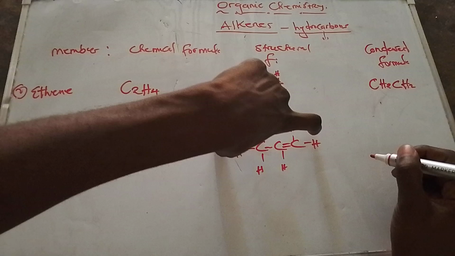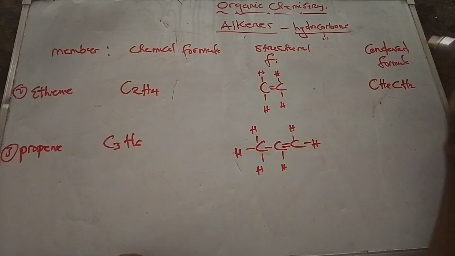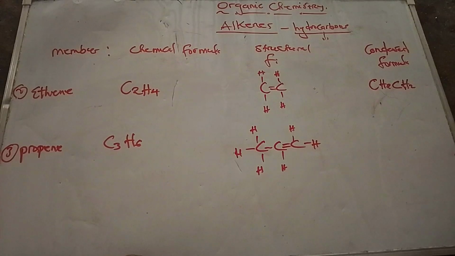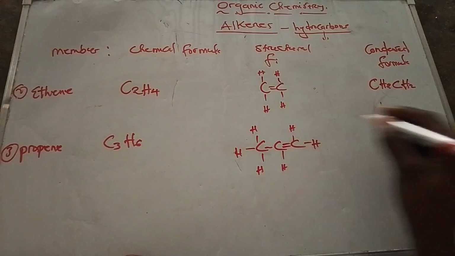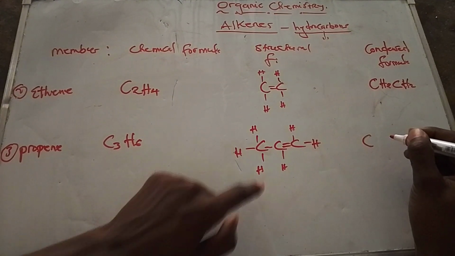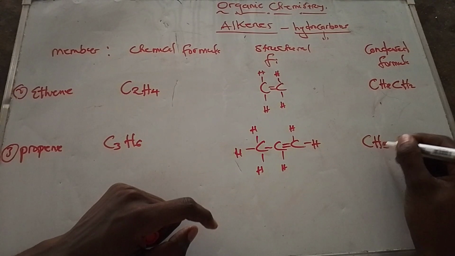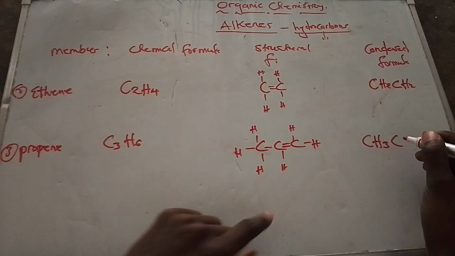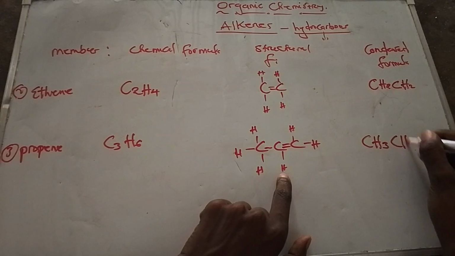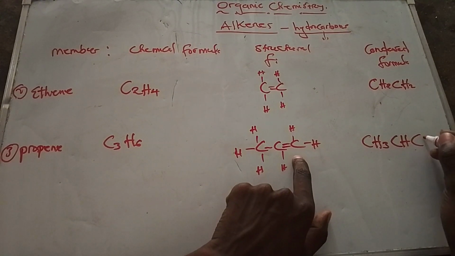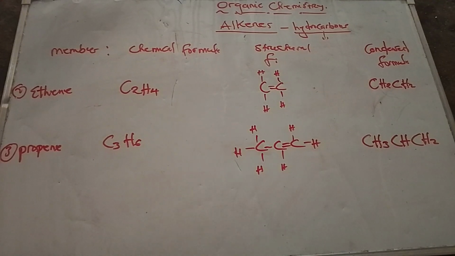Then the structural formula gives me the condensed formula. There is no way the structural formula and the condensed formula differ. If they do, it means you have made a mistake. So this carbon has 3 hydrogens, so you put 3 here. The second carbon has 1 hydrogen. Then the third one has 2.